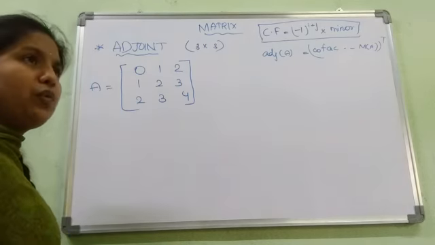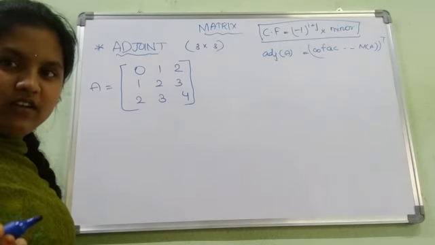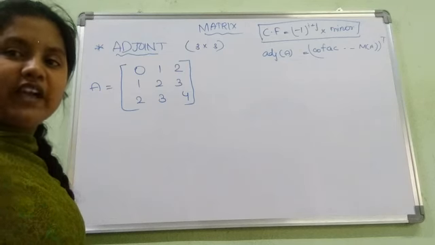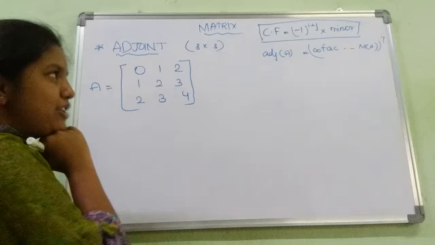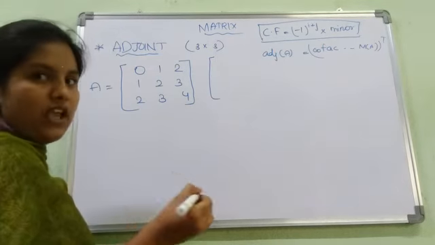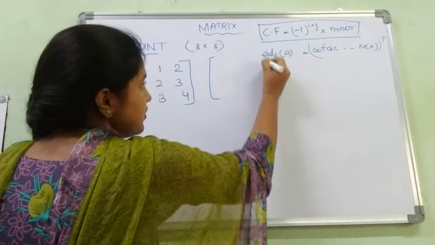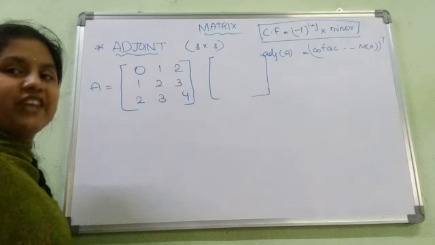So first of all, what do we need to find? We need to find the cofactor matrix. Okay, so I'll teach you very slowly. First of all, I'll tell you the rows and columns, the row and column of each element.